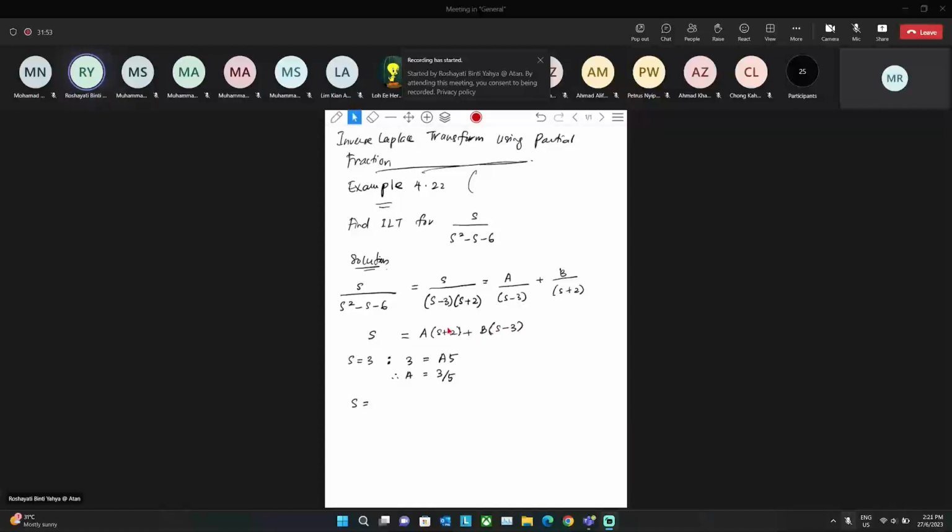So s equal to minus 2, negative 2 equals 0 plus negative 5B, so that B equals 2 over 5.